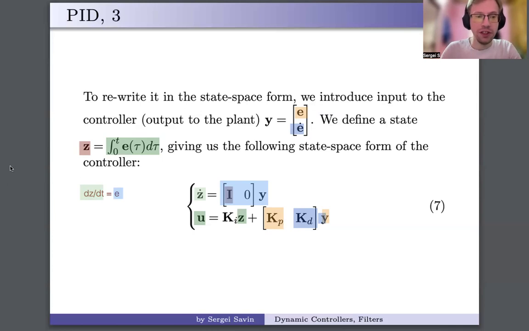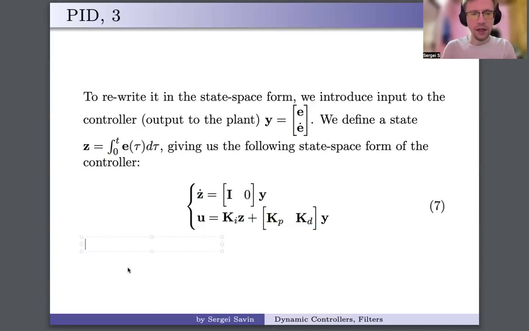So you can see this second equation is simply a description of the PID controller. Now we can see that it does have a state. The state is Z, right? This state is used in the output. It is slightly different from normal plants because it does not have an A matrix. Out of four matrices, remember, A, B, C, and D, right?